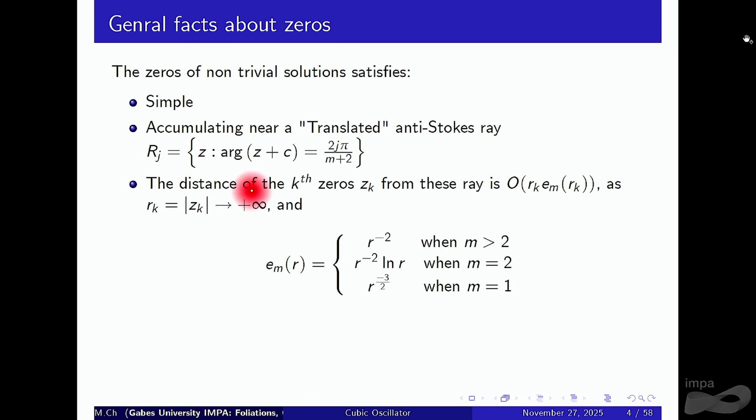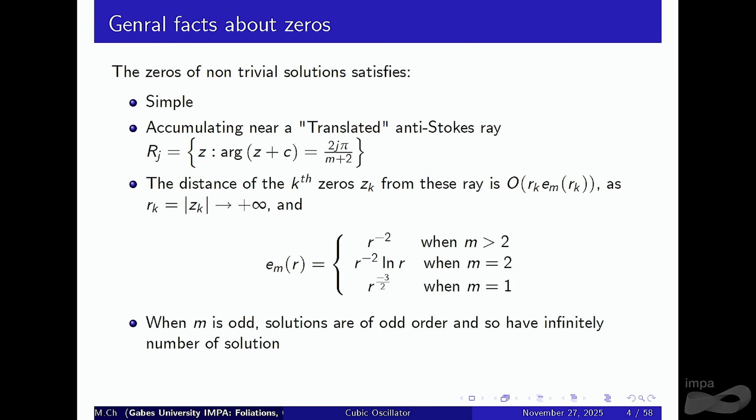We use Nevanlinna theory to prove this result. And when the degree of the polynomial is odd, solutions are of odd order.